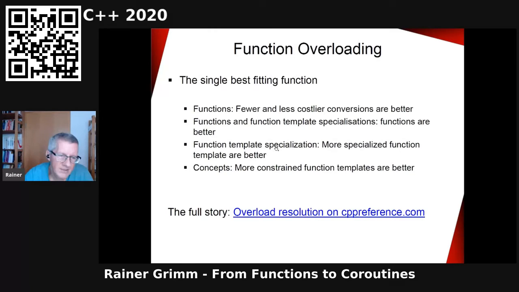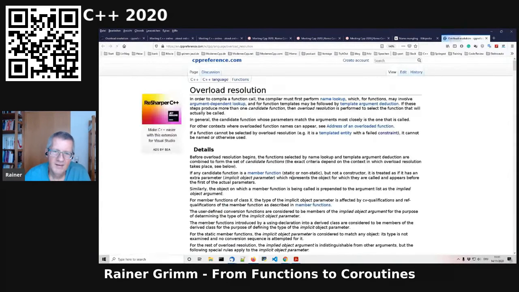For function template specialization, it means the more specialized function would be preferred, and for concepts, similarly, the more constrained function template would be preferred. If you want to know the full truth, this truth is quite long. You see the rules to overload resolution.